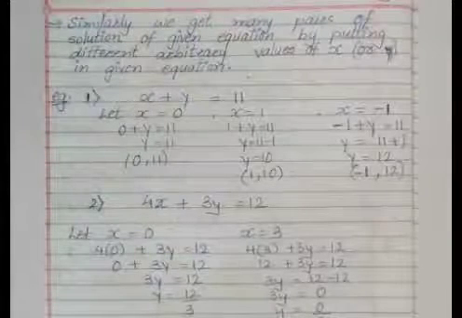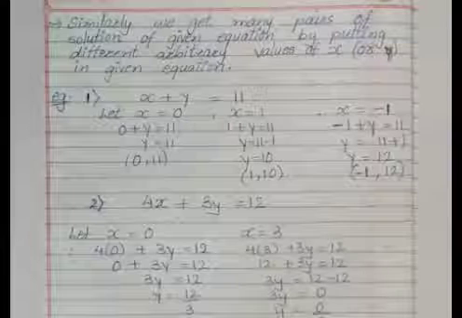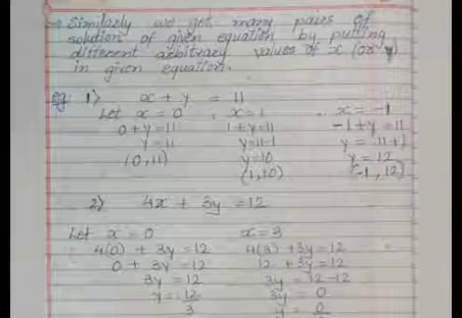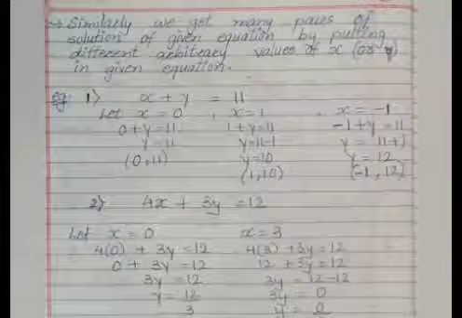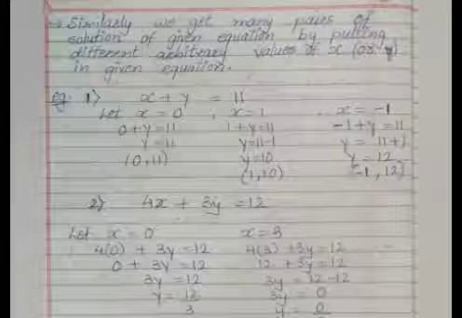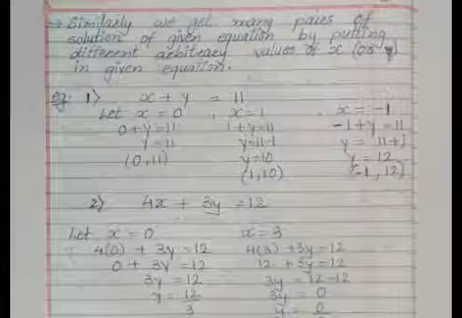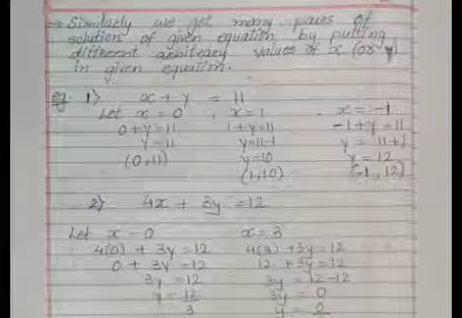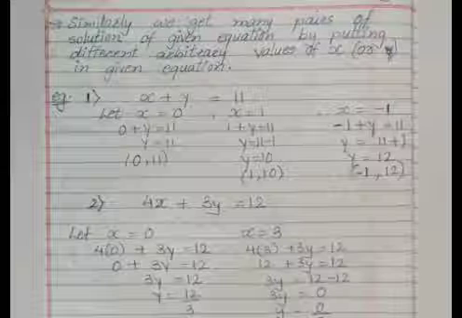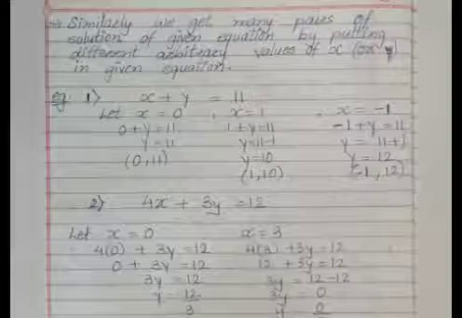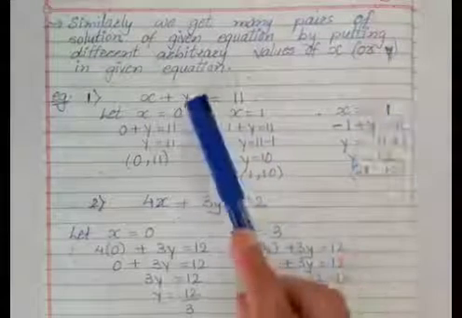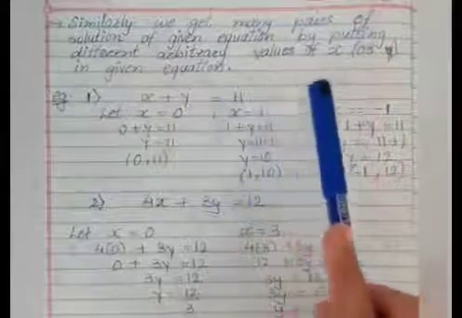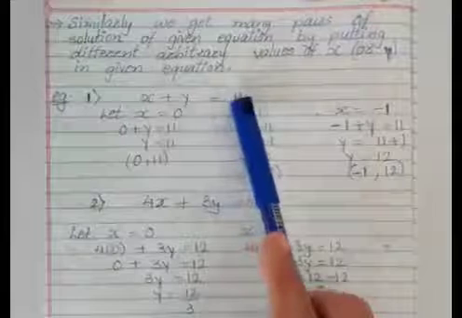Next, we select another value for x or y and put it in the given equation to find the value of the other. If we put the value of x, we get the value of y. If we put the value of y, we get the value of x. Similarly, we get many pairs of solutions of the given equation by putting different arbitrary values of x or y in the equation.